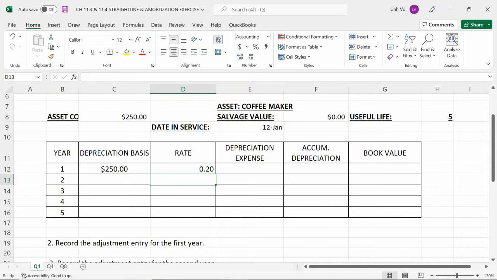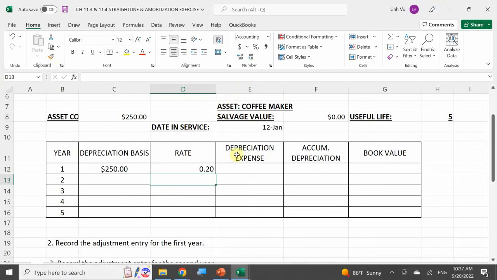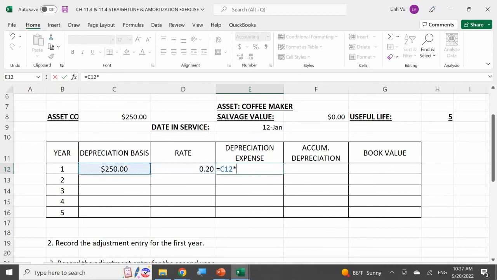So what's my depreciation expense for the first year? $50, right? Because we're going to take my $250, multiply it by 20% or 0.2, and you're going to get $50.